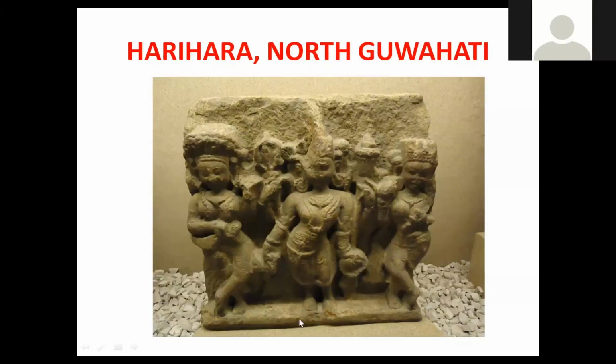And below, it is not very well seen in this picture, but in the actual sculpture you find that the Vahanas are shown. Generally what you find is that all the figures here are of equal height, that is Shiva, Harihara, and the consorts.